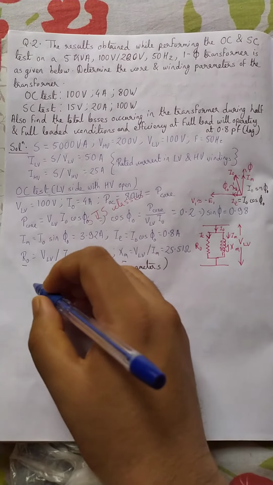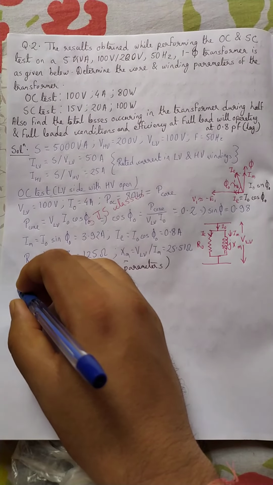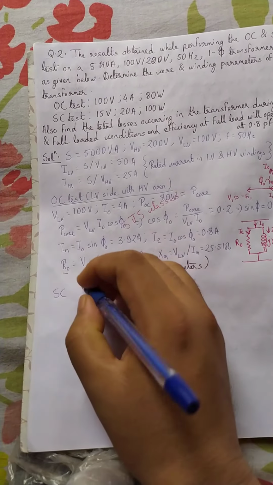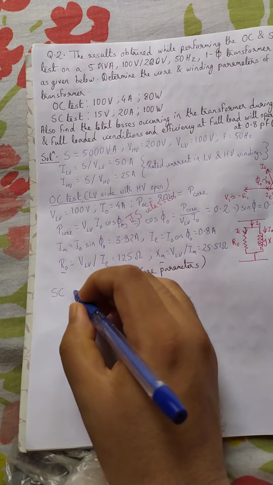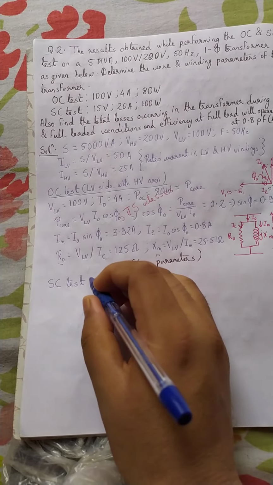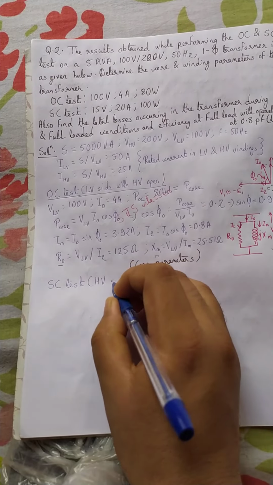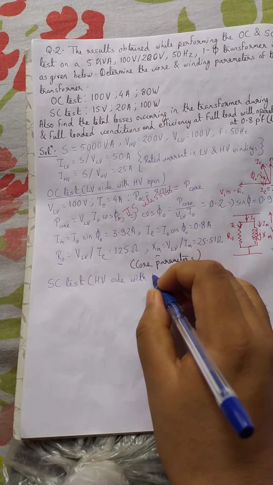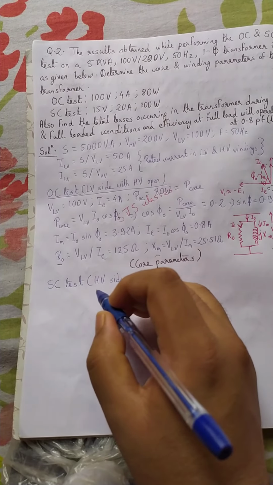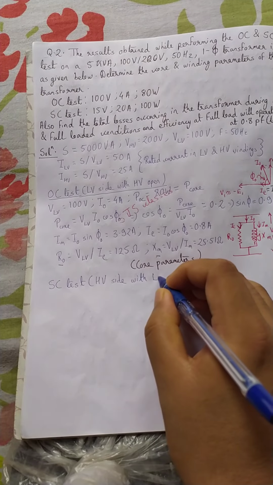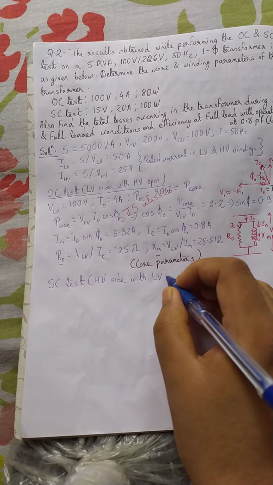Now coming to the next thing, that is the short circuit test. So what is happening in case of a short circuit test? The entire short circuit test is done on the LV side with short circuited LV.